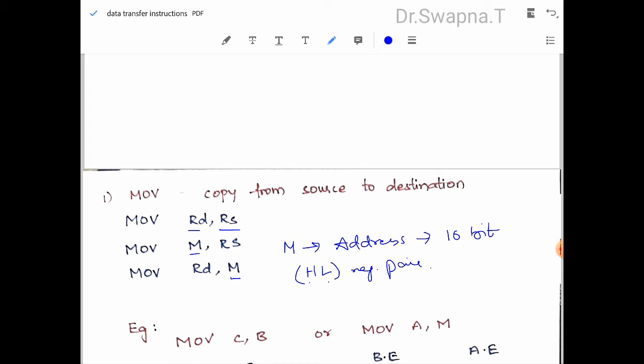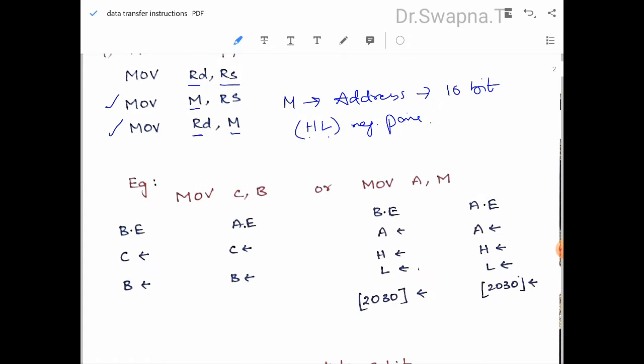As you see in the second instruction, MOV M, RS means the content or the data present in the source register will be moved to the memory location whose address is specified by the HL pair. Let's see some examples.